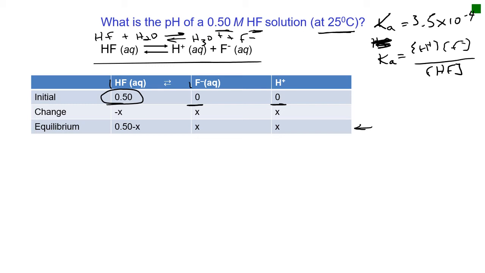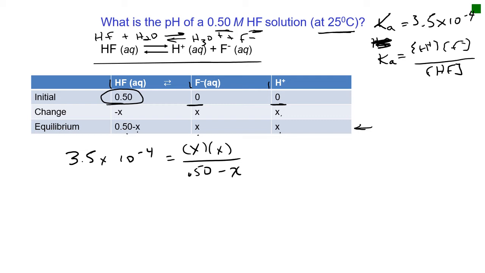So our HF is going to go down by X. Our fluoride and our H plus are going to go up by X, such that at equilibrium, for HF, we have 0.5 minus X. Fluoride is X, and H plus is X as well. We have our Ka, 3.5 times 10 to the minus 4, is going to equal X times X over 0.5 minus X.